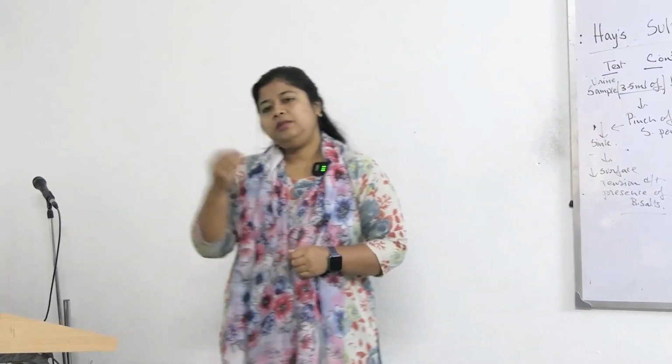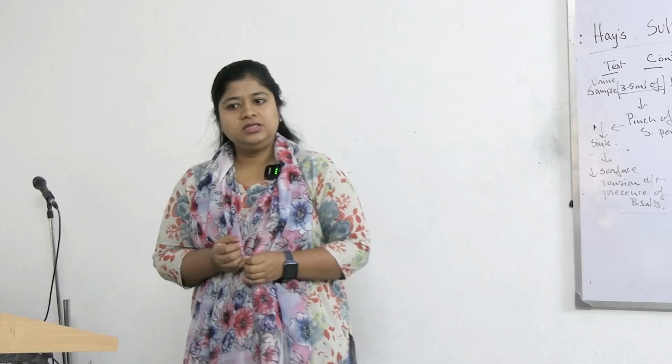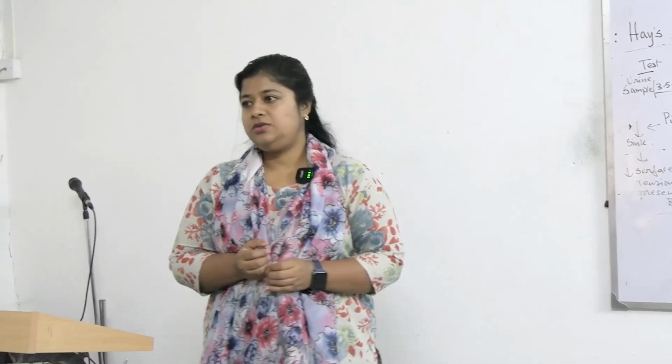To see whether there is any contamination or any problem in our reagent. If the sulfur powder is contaminated with dust and other particles, it may sink in the distilled water also. Just to eliminate whether there is any contamination or any fault in our reagents, we take controls. Clear? So this is Hayes sulfur test.